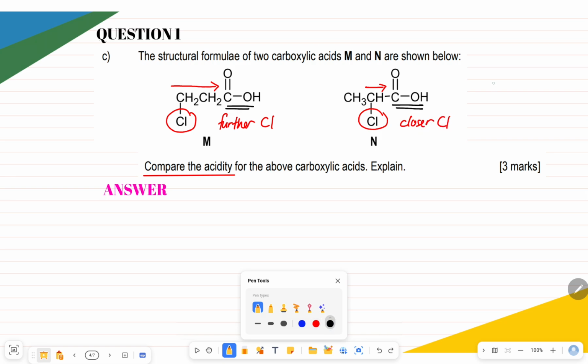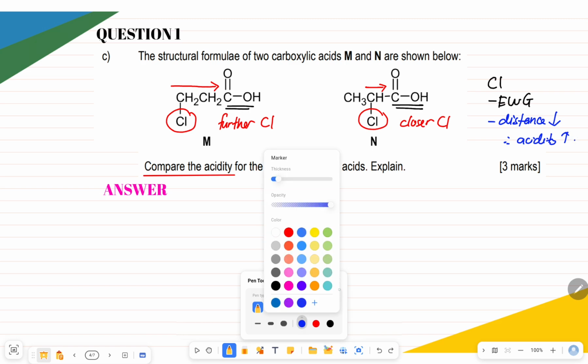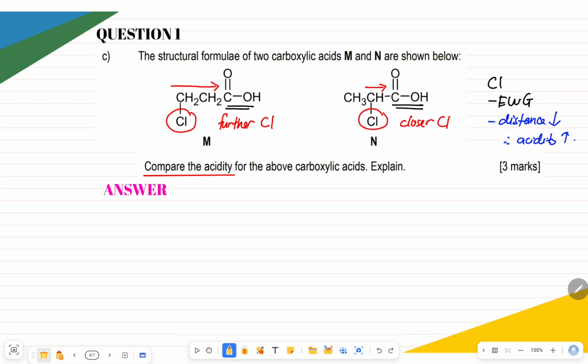So what is so special about Cl? Cl is what we call an EWG, electron withdrawing group. So if you have Cl closer, if the distance of the Cl to the COOH is less, then your acidity will be higher because EWG is good for acidity. So we want the Cl to be closer to the functional group COOH.